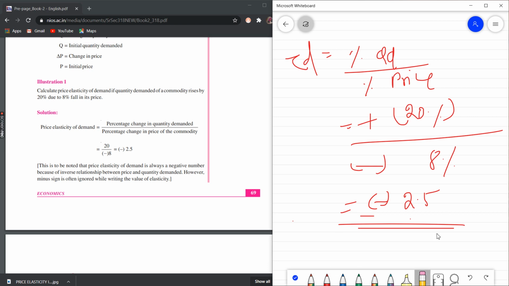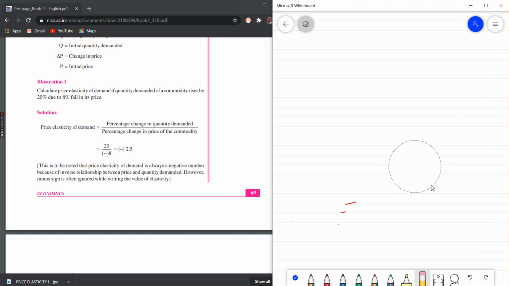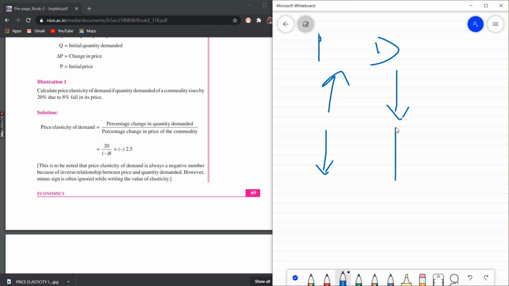Let me write and show it better. When price increases, demand will decrease. When price decreases, demand will increase. I hope you are clear with it. When there is an inverse relationship between the two factors, the numerical effect will always show a negative symbol.